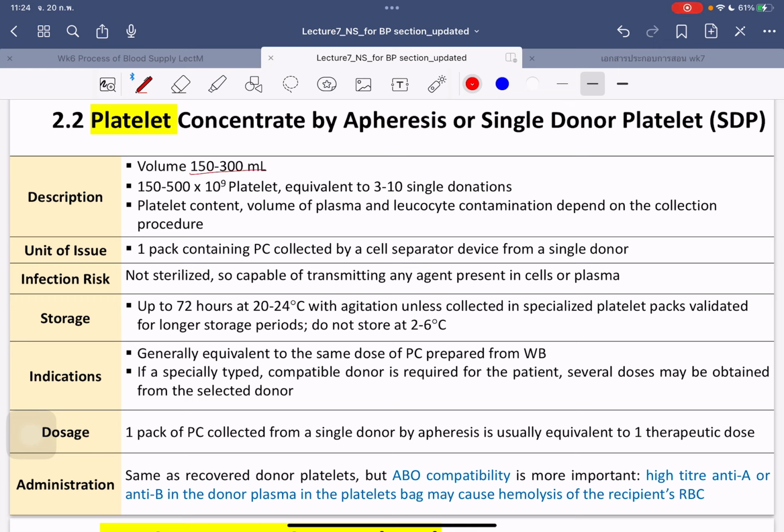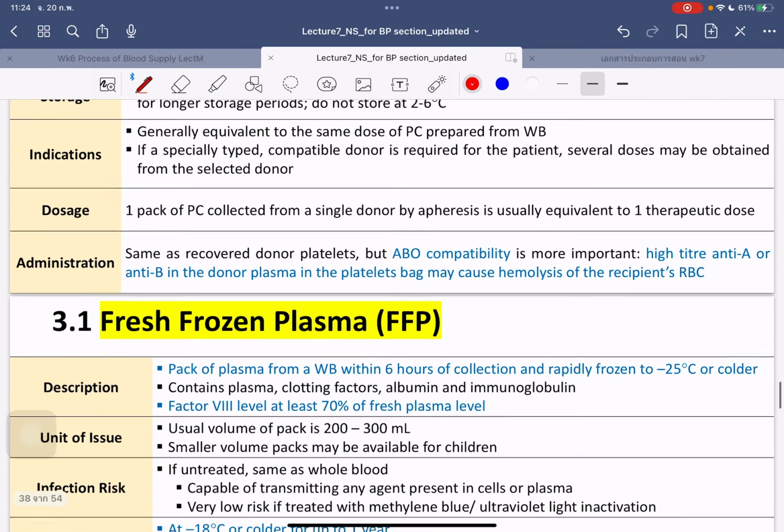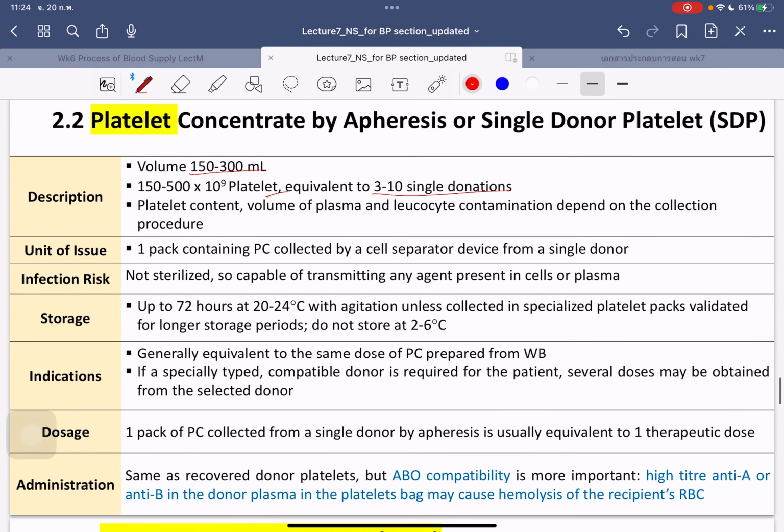I will tell you that the two components are quite similar, but single donor platelets have fewer antigens, and pooled donor platelets have more antigens because they are pooled from 4 to 6 donors.